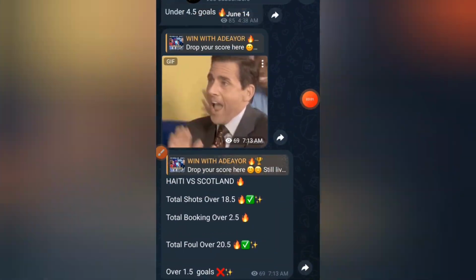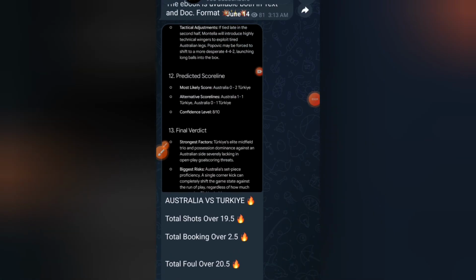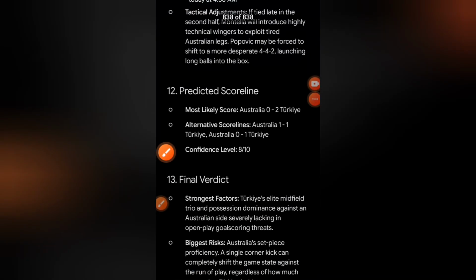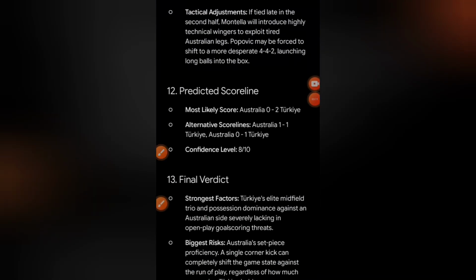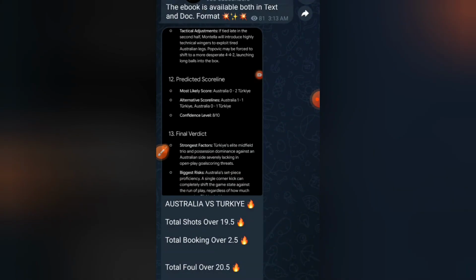And the only one that actually shocked me, as I said earlier, is the match between Australia against Turkey. Naturally, our predictive model predicted that the scoreline should be around 0-2, or alternatively 1-1 or 0-1, but we had the reversed result, and the home team actually beat Turkey despite all the attempts that Turkey made in that match.